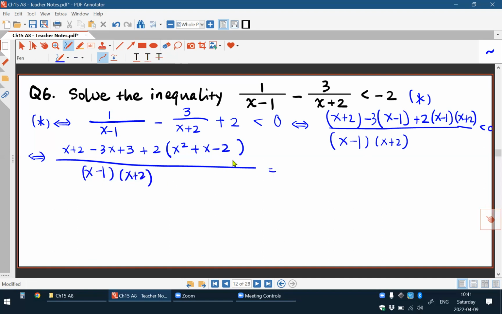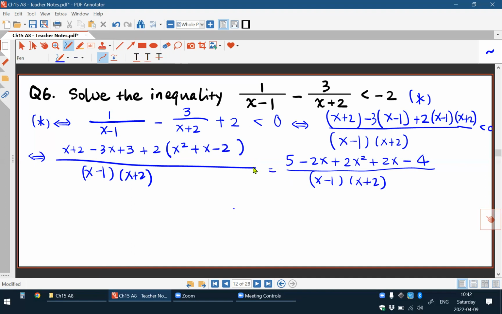And this is further equivalent to x + 2 minus 3x plus 3, let's simplify the first part: 5 - 2x plus 2x squared plus 2x minus 4, over (x - 1)(x + 2).